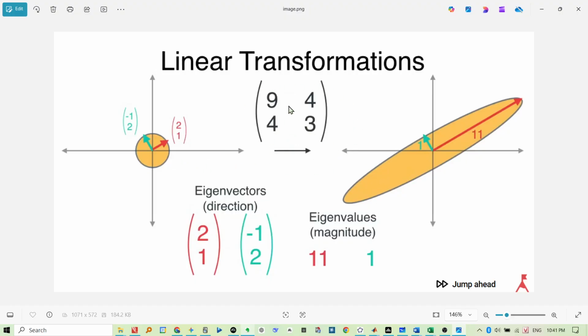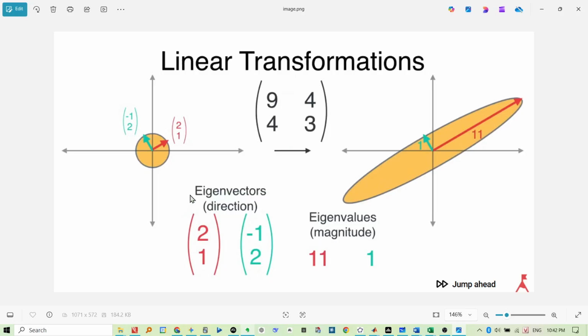So here you can see that if we update the coordinates of the i hat vector from 1, 0, if I'm not mistaken, to 9, 4, and the j hat from 0, 1 to 4, 3, it means that we are performing a linear transformation, and it will stretch this circle out into an ellipse.